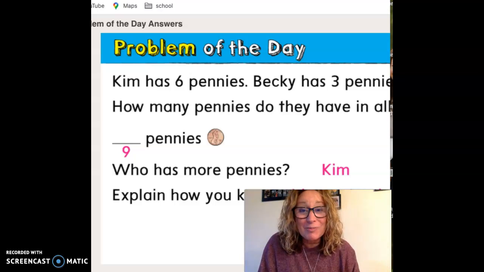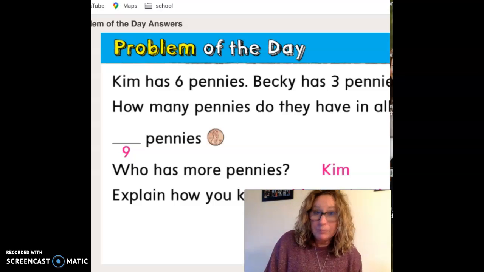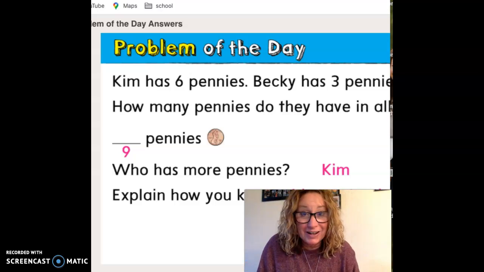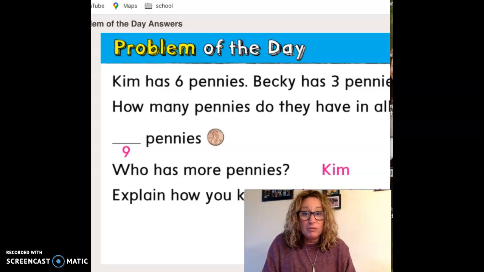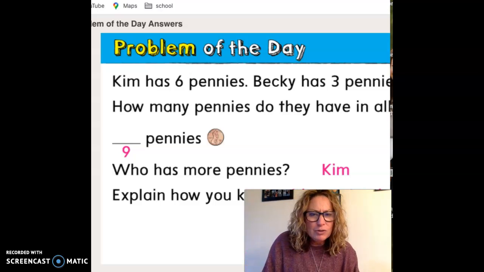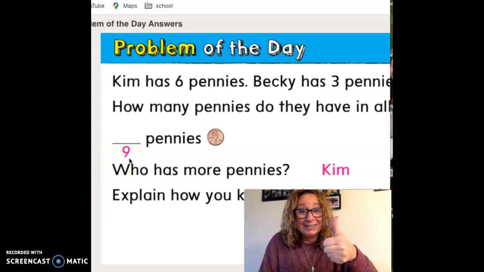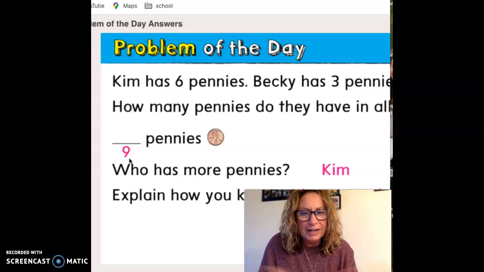Oh, good. I heard some really excellent strategies. Wow. Some people wrote a number sentence, 6 plus 3, or 3 plus 6 to solve. Some of you maybe drew a diagram or drew a picture. And then we had to see who had more. Well, did you get this answer? Give me a thumbs up if you got 9. Who has more pennies?